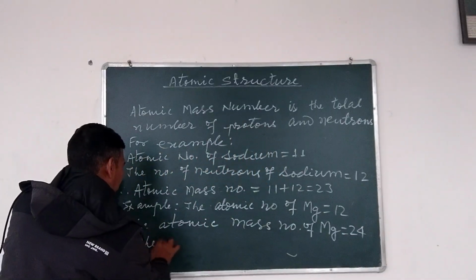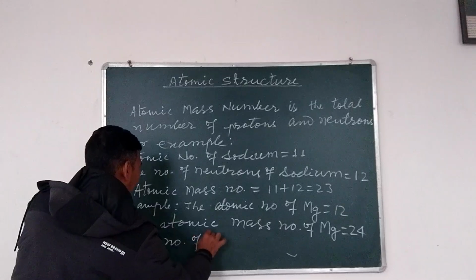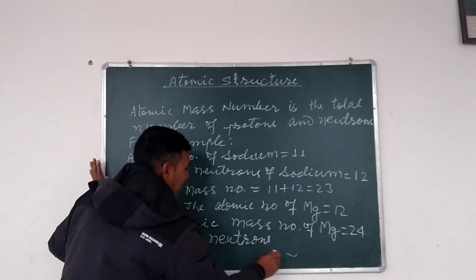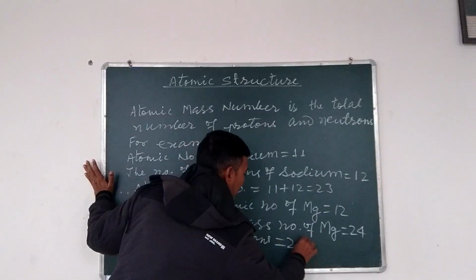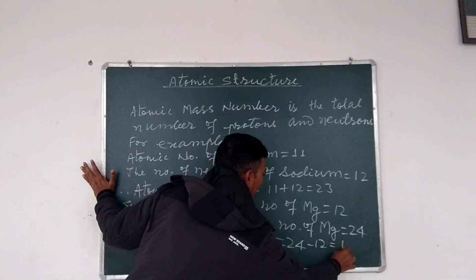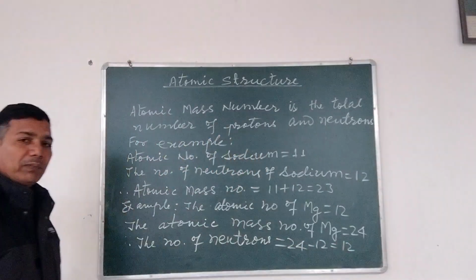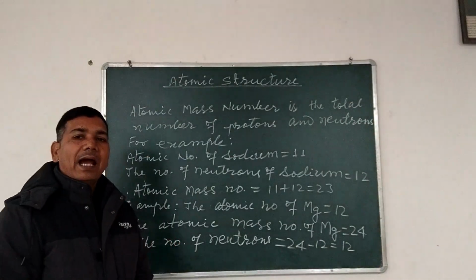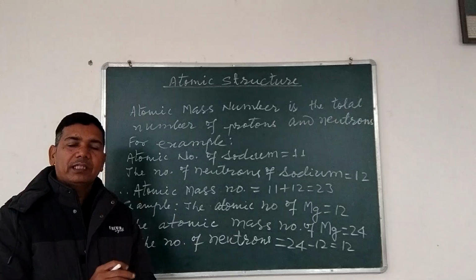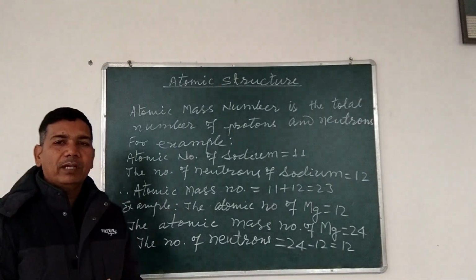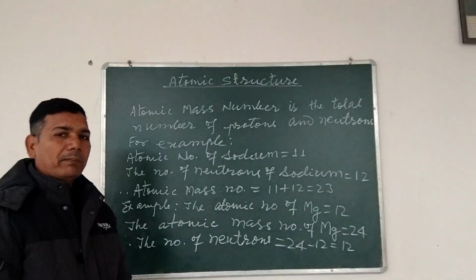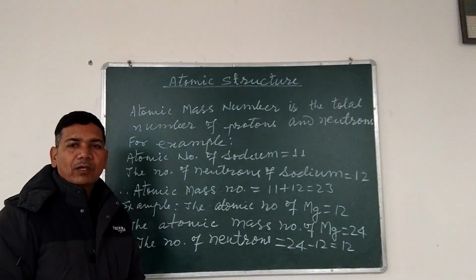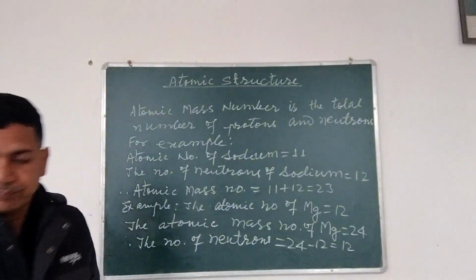Therefore, the number of neutrons equal 24 minus 12 equal to 12. It means when atomic mass number is given and atomic number is given, then we will subtract atomic number from the atomic mass number and we will obtain the number of neutrons.